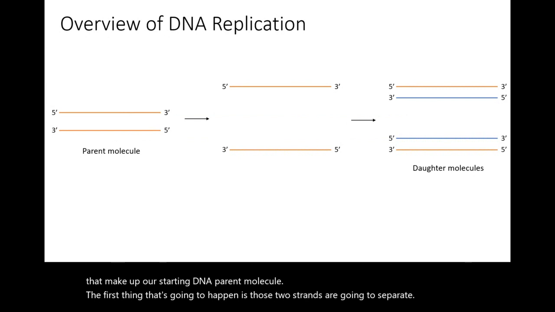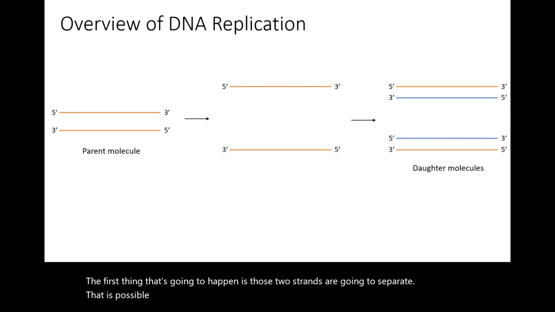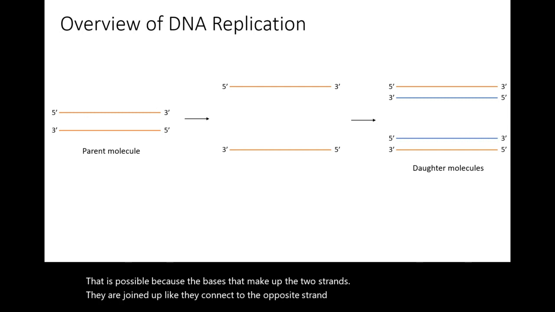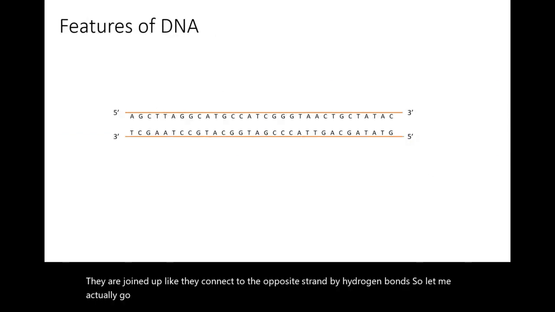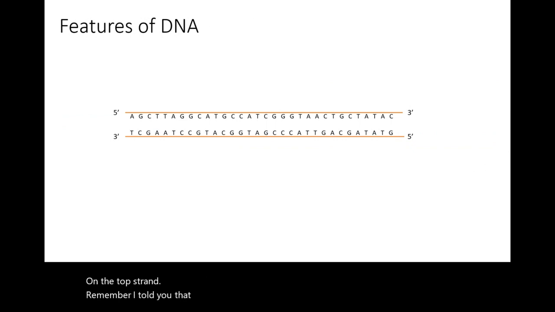That is possible because the bases that make up the two strands connect to the opposite strand by hydrogen bonds. So let me actually go back for a second. If you look at the very first adenine on the top strand, remember I told you that it base pairs with the thymine on the bottom strand?